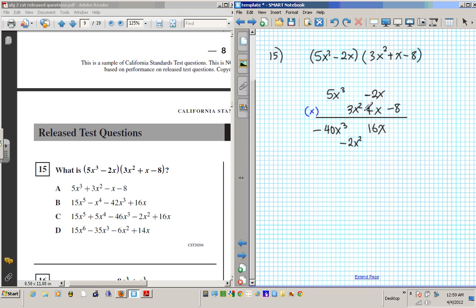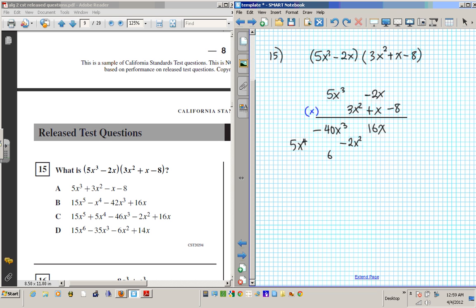Then positive x times 5x to the third is going to give us 5x to the fourth. We don't have anything to the fourth here, so I need to move this way to the front. This is the fourth column. Now let's do 3x squared. 3x squared times negative 2x is going to be negative 6x cubed.